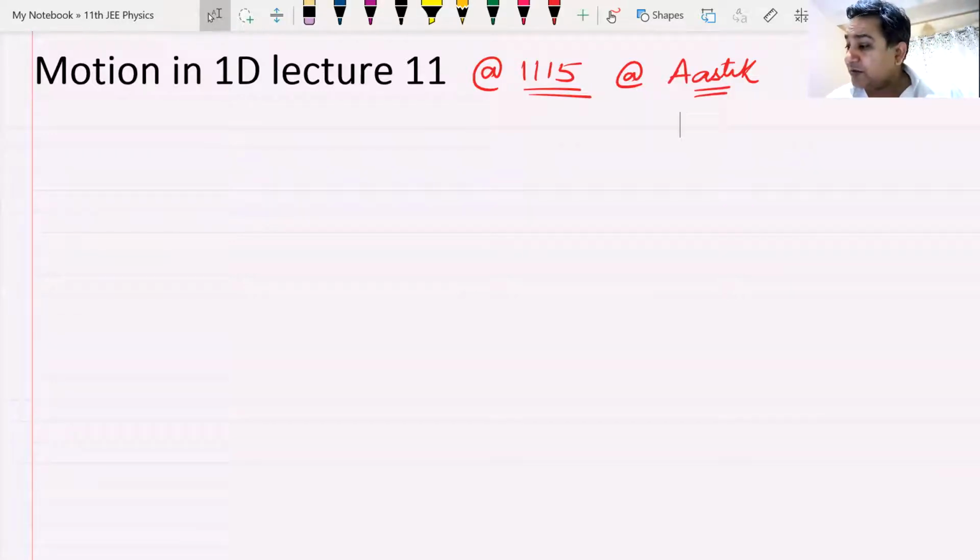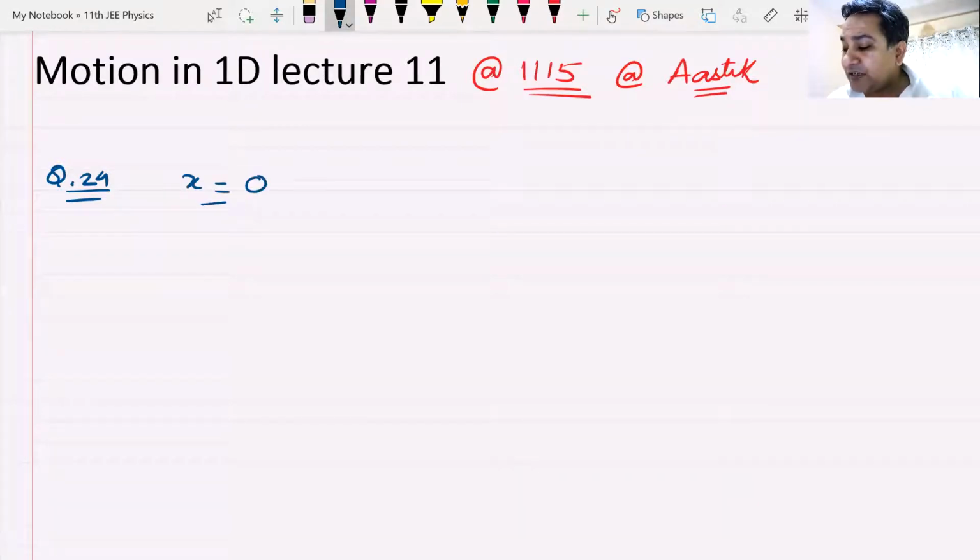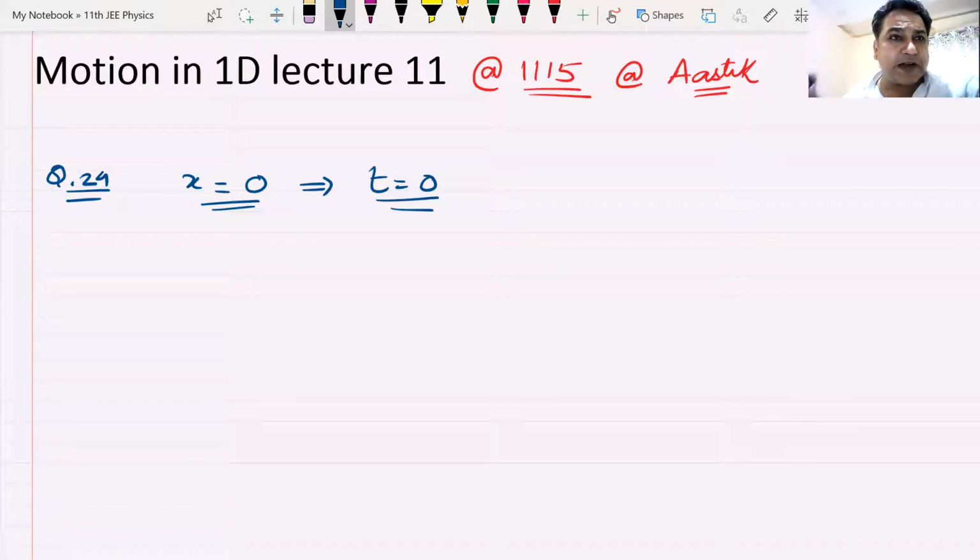Let me write the question number. This is question number 24. Let me write the position x. The position at time t equal to 0 is x equal to 0. Do we agree on this, everyone? At time t equal to 0, the particle is at x equal to 0. You can see it from the graph.